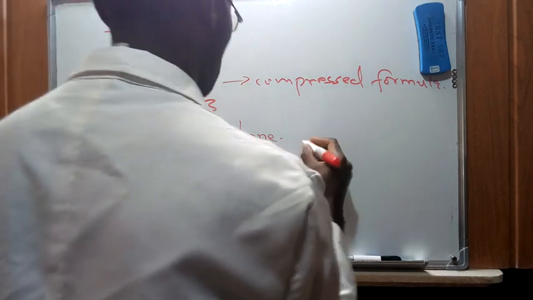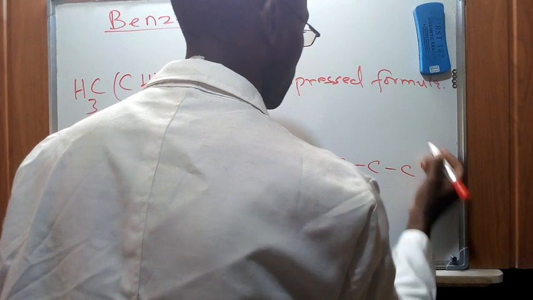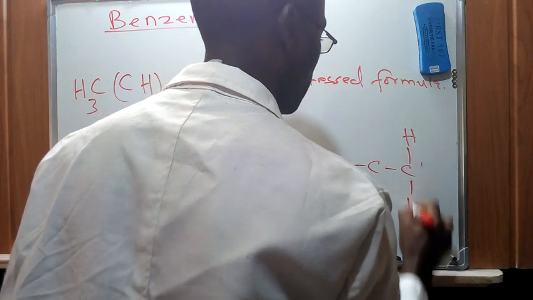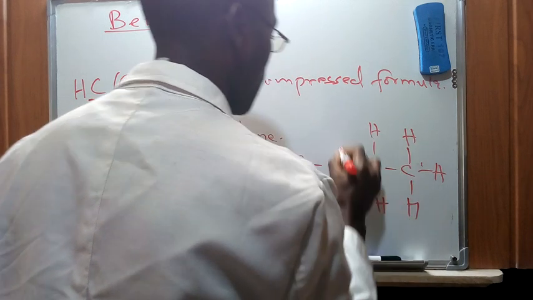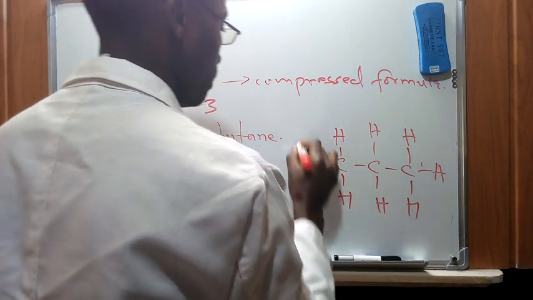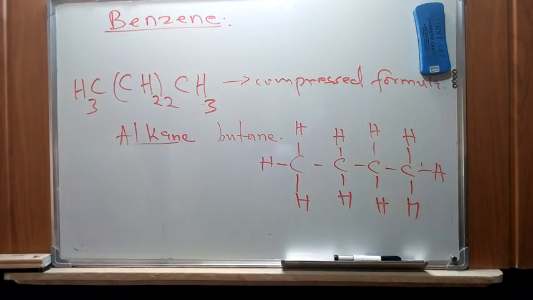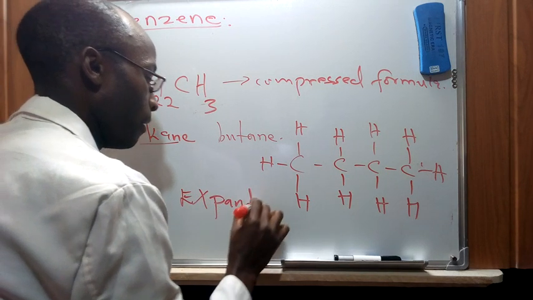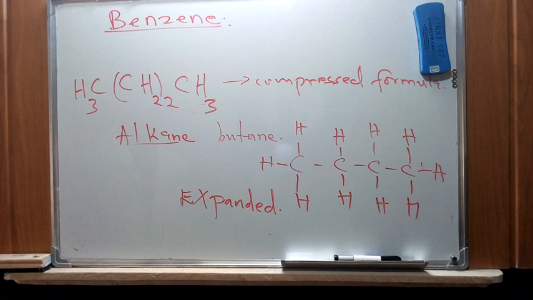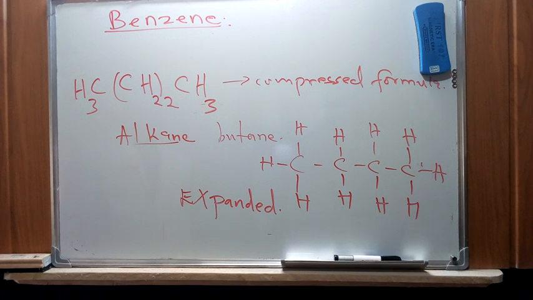For instance, if I try to draw the compound for which I've given the formula, this is H H, and then we have this one, this one, this one, this one, and this one. So that's an expanded formula for that kind of molecule that we have called butane. And it falls under the class of alkanes, that's of organic compounds.